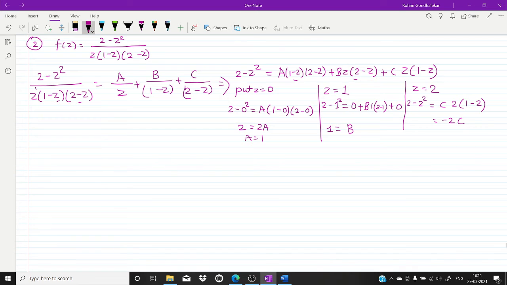Here I am having minus 4, 2 minus 4 is minus 2. So c will be 1. So a is 1, b is 1 and c is 1. So hence this is equal to 1 upon z plus 1 upon 1 minus z plus 1 upon 2 minus z. Clear?